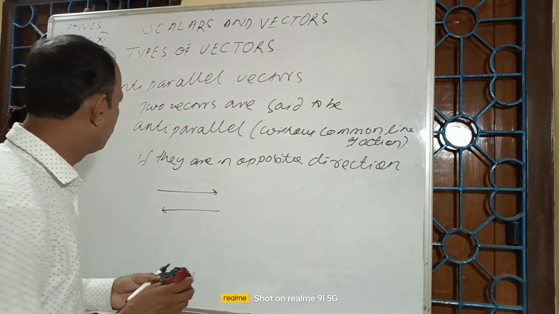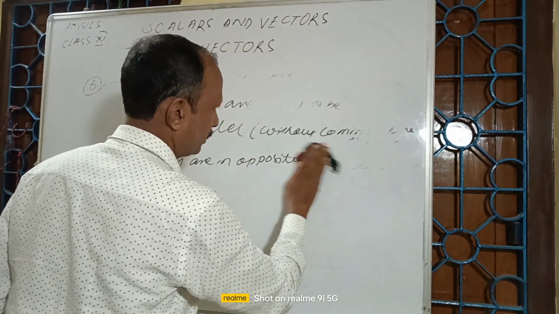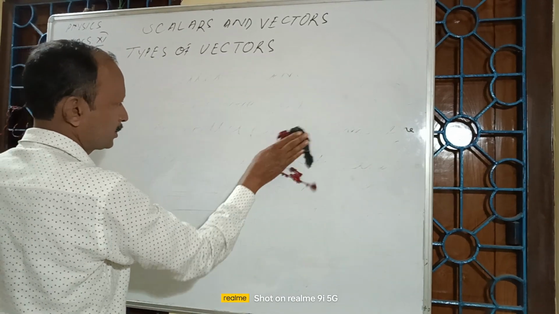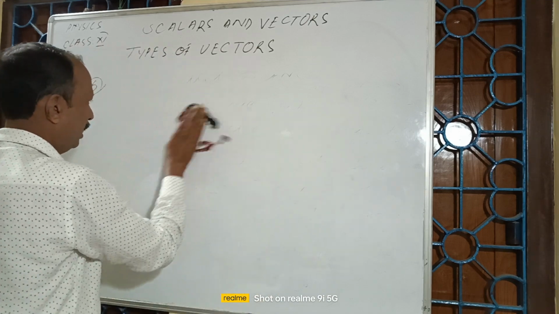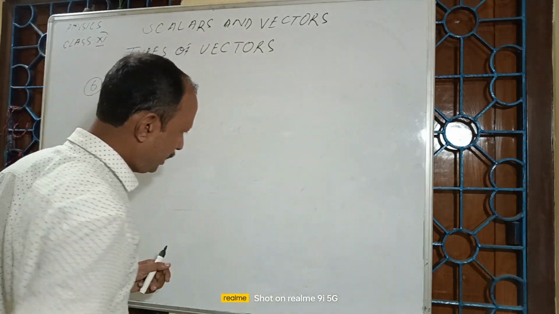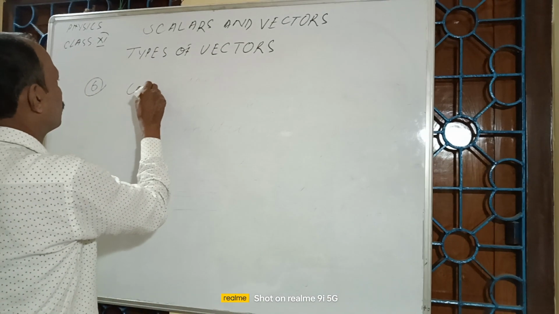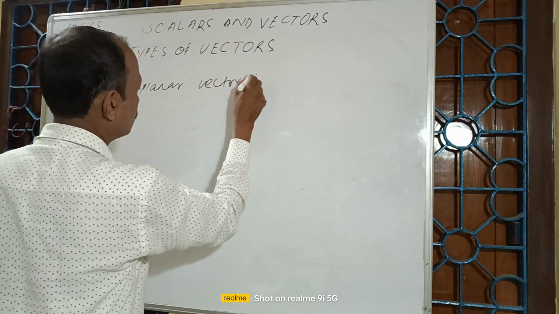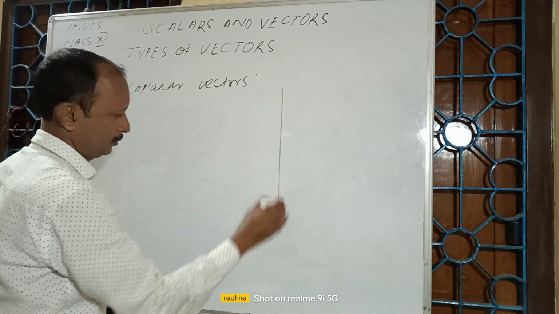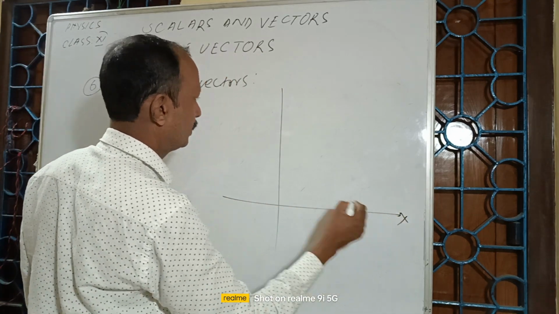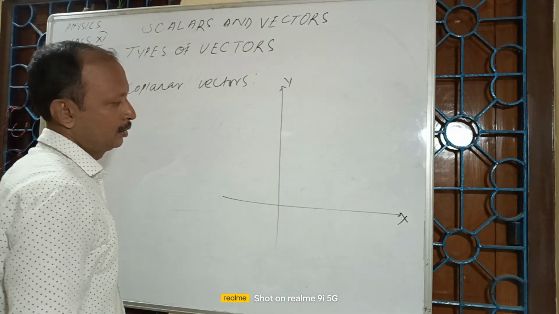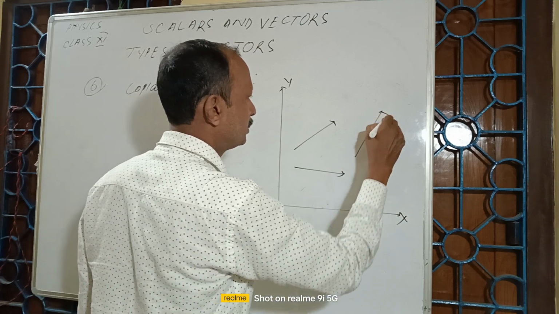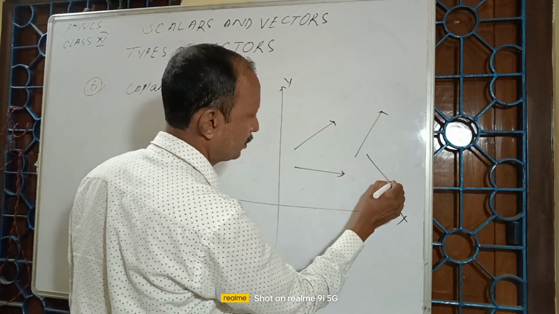Next one I am going to talk about is coplanar vectors. Coplanar vectors means a number of vectors lying on the same plane. What are coplanar vectors? See that. Suppose this is the x, this is y. Here is a vector, here is a vector, here is a vector, here is a vector.